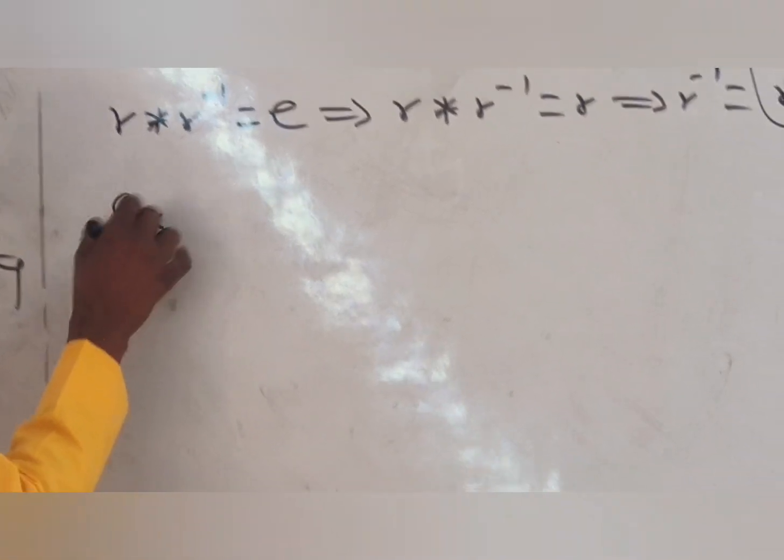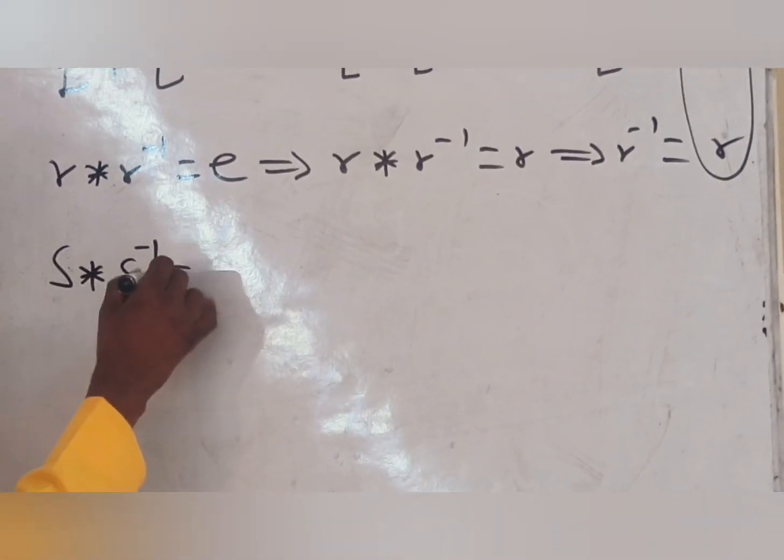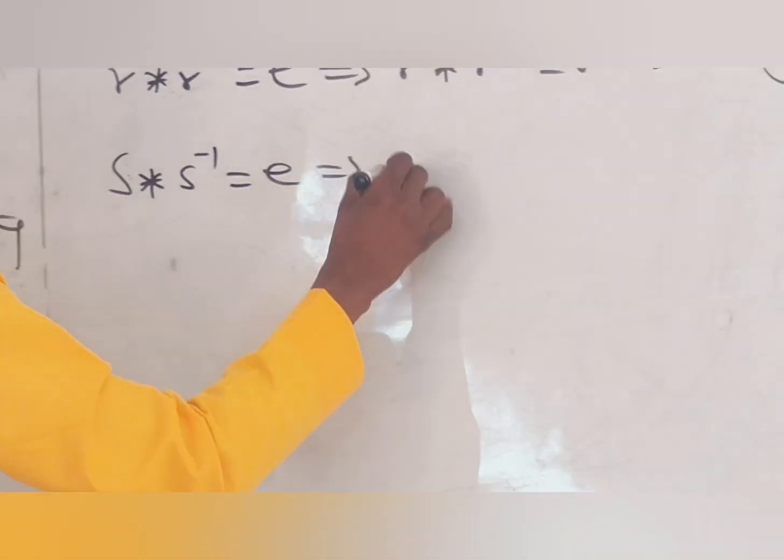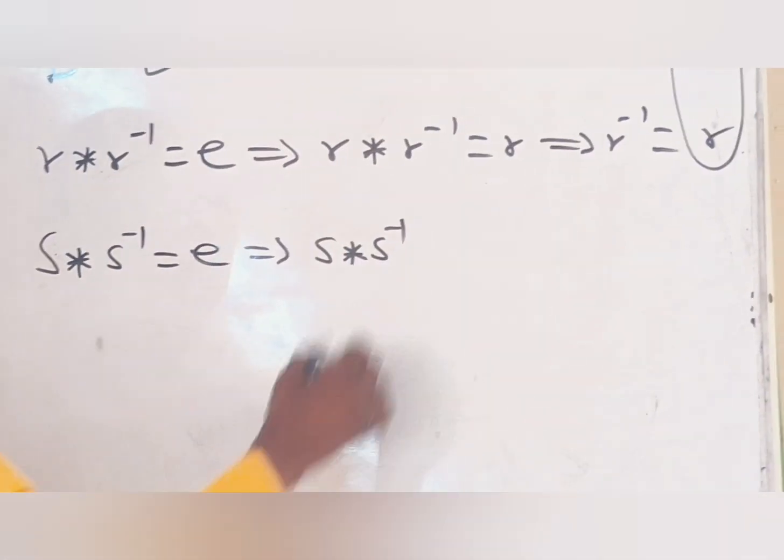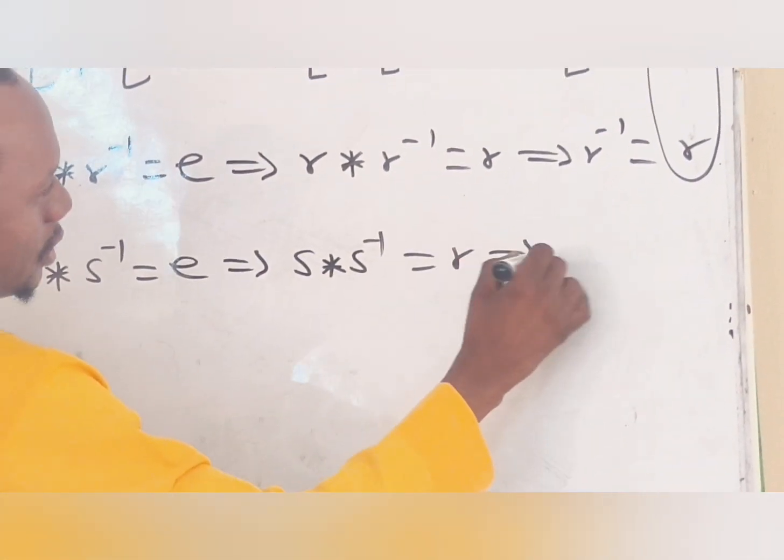S operation S inverse will give us E, which implies S operation S inverse will give us R. So what do we operate with S to get R?